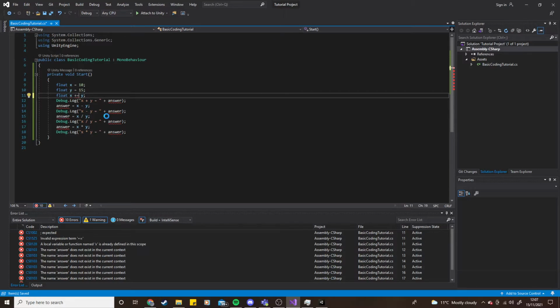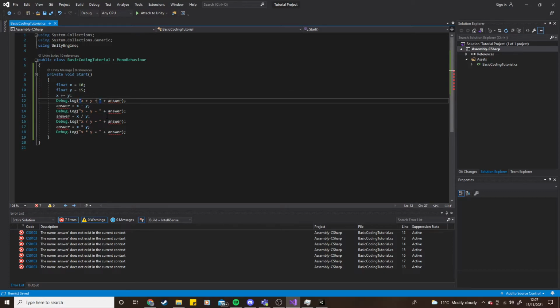What am I doing? Don't need to declare x again. So x plus equals y. It's still x plus y, but then we're going to output x.